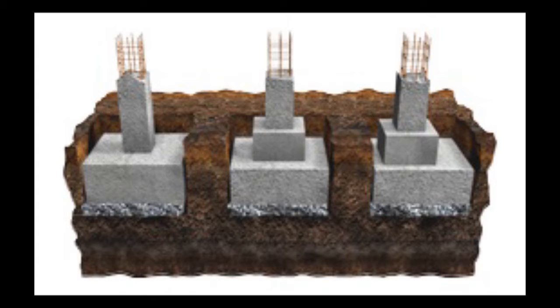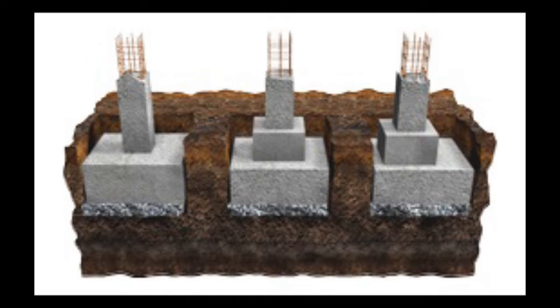Now, in this lecture, I'm going to tell you what is isolated footing and what are the design aspects and design steps of isolated footing and the types of that kind of footing. Isolated footing is the most common type of foundation used for building construction. This foundation is constructed for a single column and is also called a pad foundation.